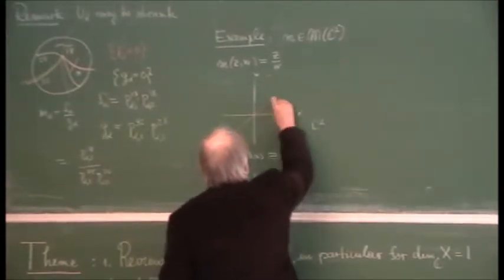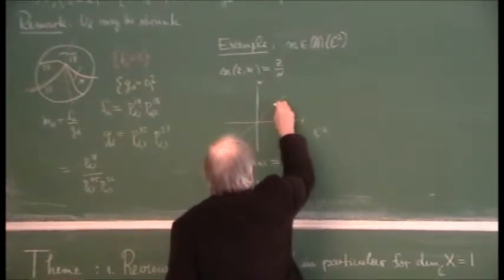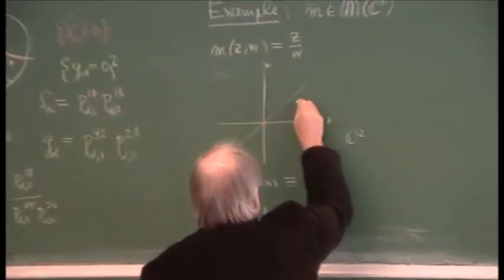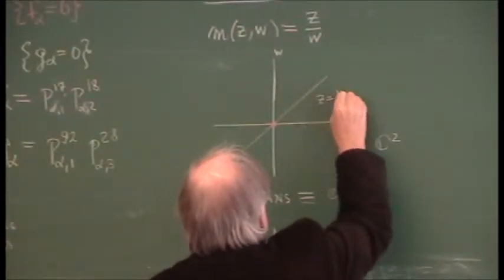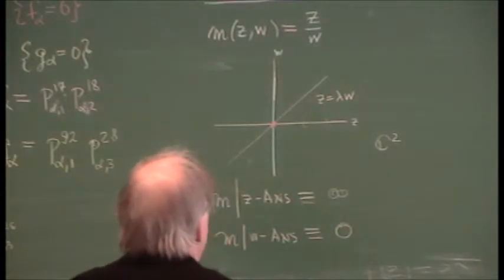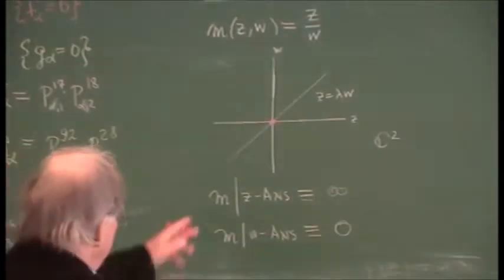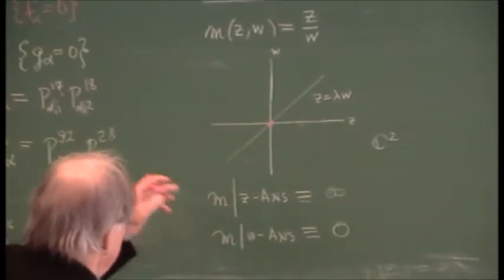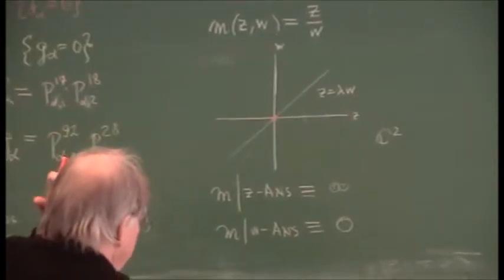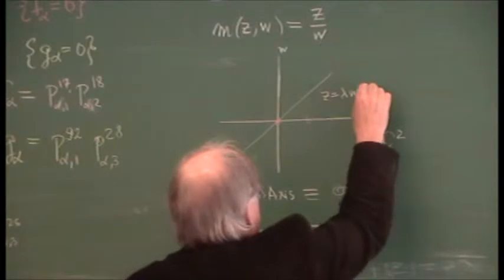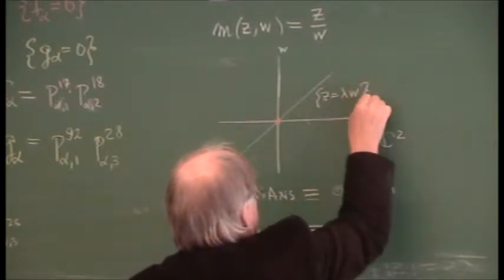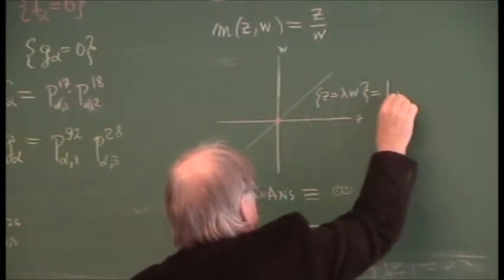If you have a line here, z equals lambda w, then for these other lines lambda is neither 0 nor infinity, so it's easy to say what it is. Let's call this line L lambda.